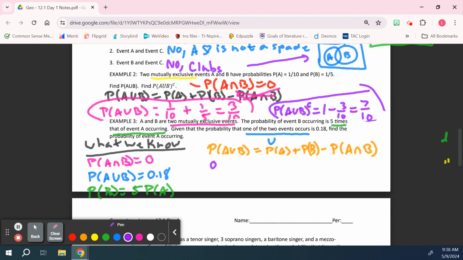So that's 0.18. This we don't know. So I'm going to leave that alone. The probability of B, I'm substituting in this right here. So that's plus 5 probability of B. And this we know is 0 since it's mutually exclusive. So that's gone.